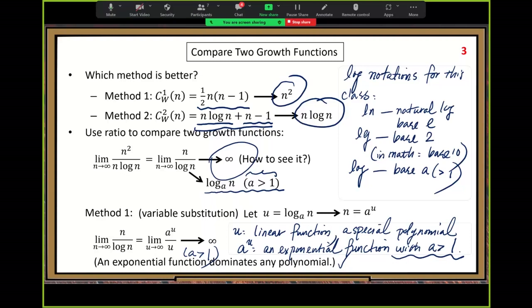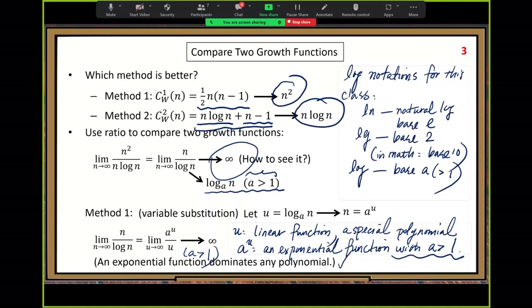Later, I will use rigorous math, because this is not a complete proof. Here it is just to give you the idea about how large this ratio is.